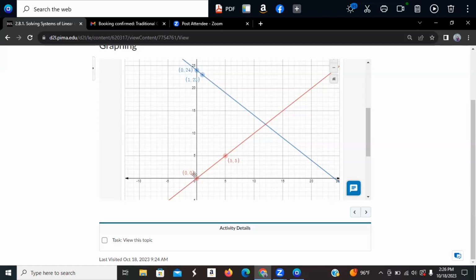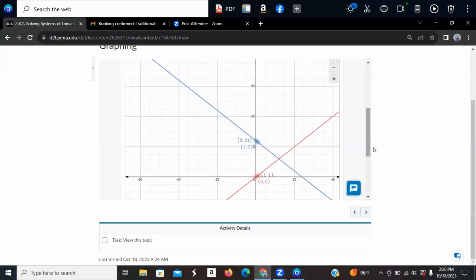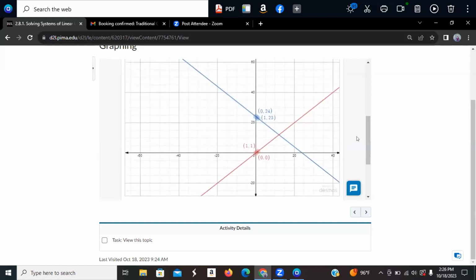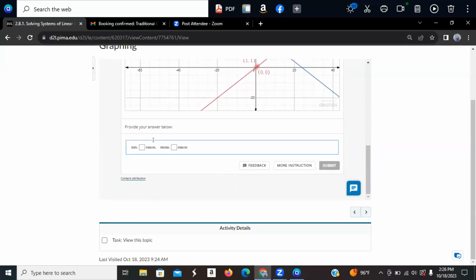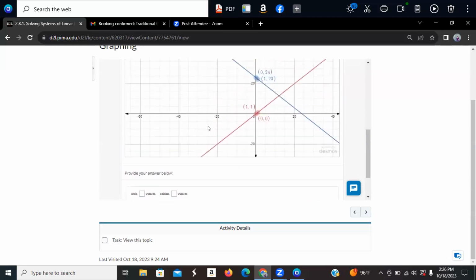You start at 0, 0, and then you go up 1 and right 2. No, you're going to want to zoom in on that graph.